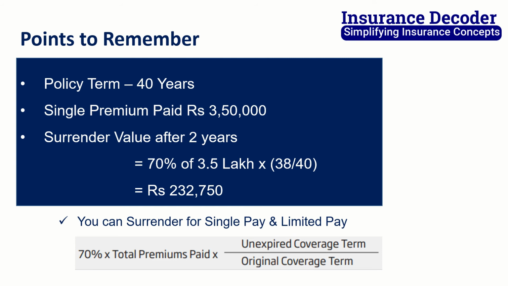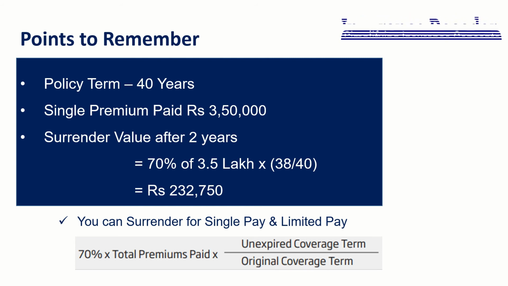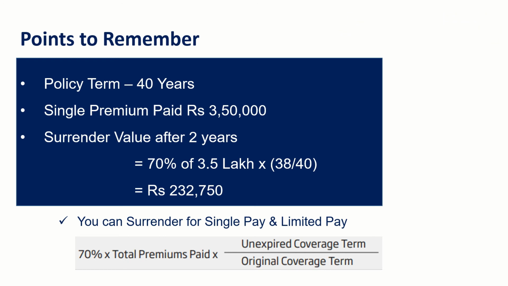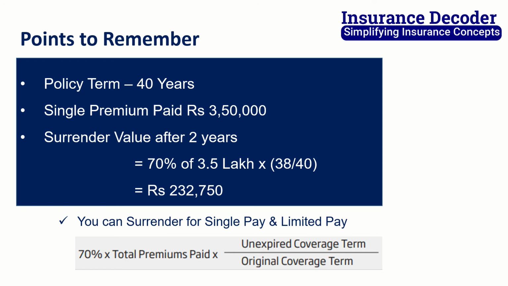So with this calculation, the person will get 2,32,750. So around 77,000 or 78,000 rupees will be deducted from the premium. So this is the loss if you surrender your policy after 2 years.